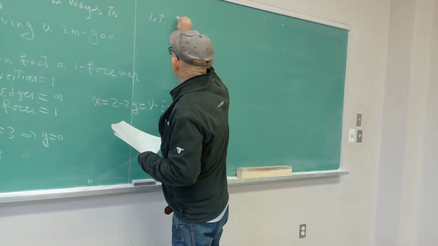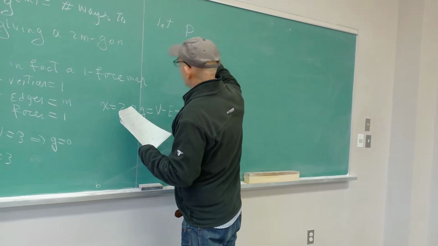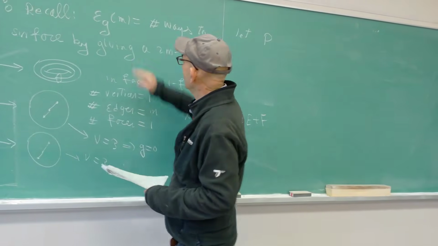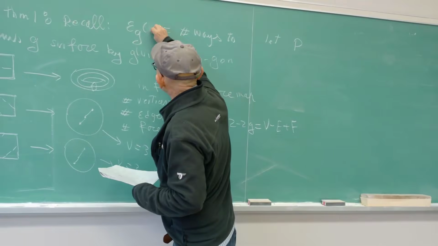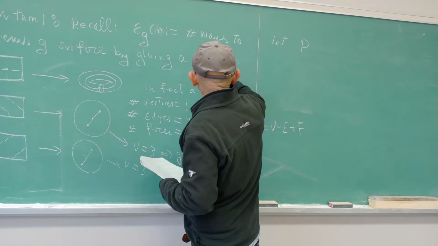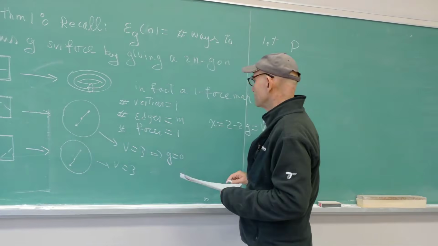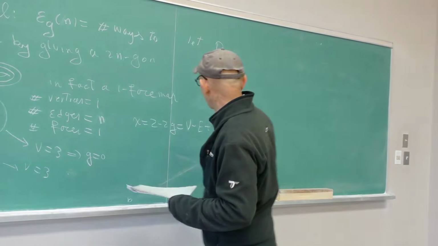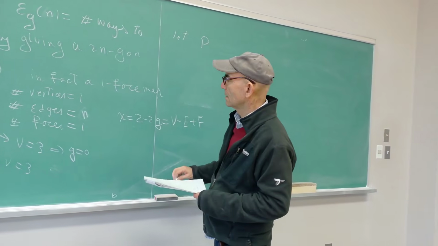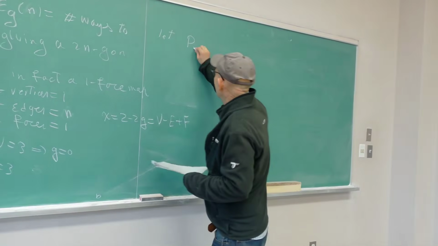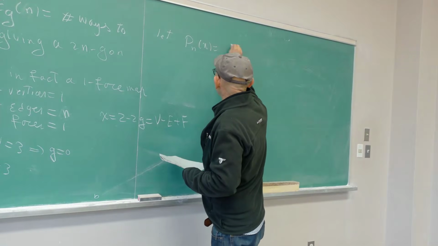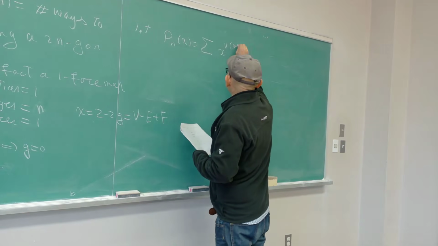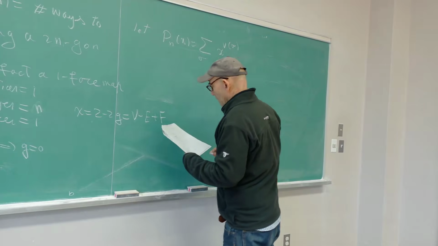So let P_n(x) equal the sum of x to the power v of sigma, over sigma.